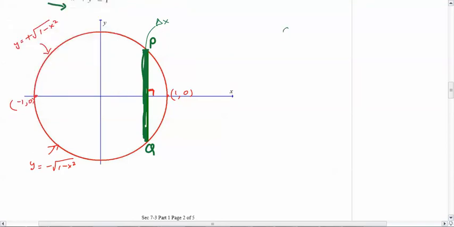Now, I'm going to use my formula that is going to be the basis of this whole section. The volume is going to be equal to the integral of the area of the cross-section function of x, dx. And let's see my limits. The x's start at -1 and finish at 1.